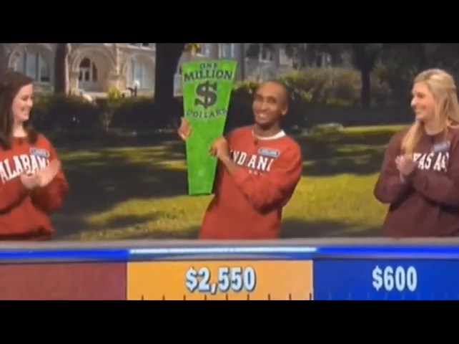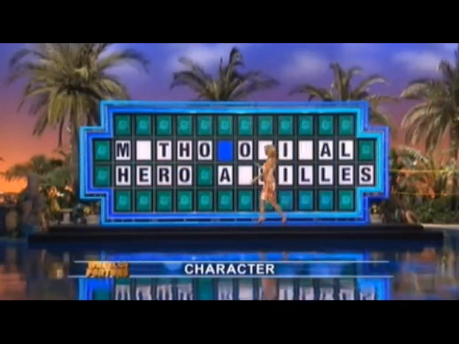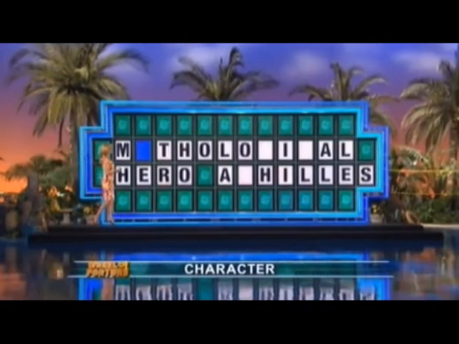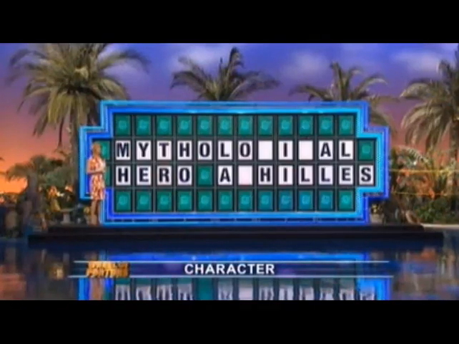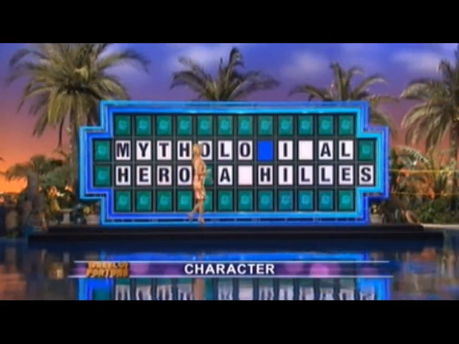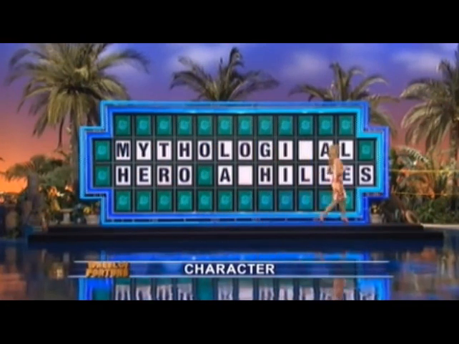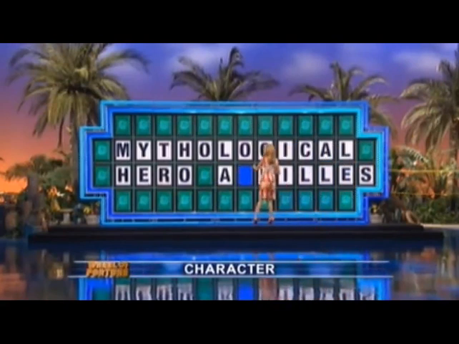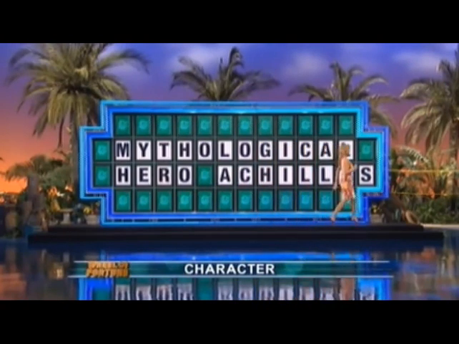Pick that up, turn it over, lay it down right over that London trip down there. 650. Y. There's a Y. 500. G. 1 G. 700. C. Yeah, there are 2 C's. Wow. Okay. I solve.